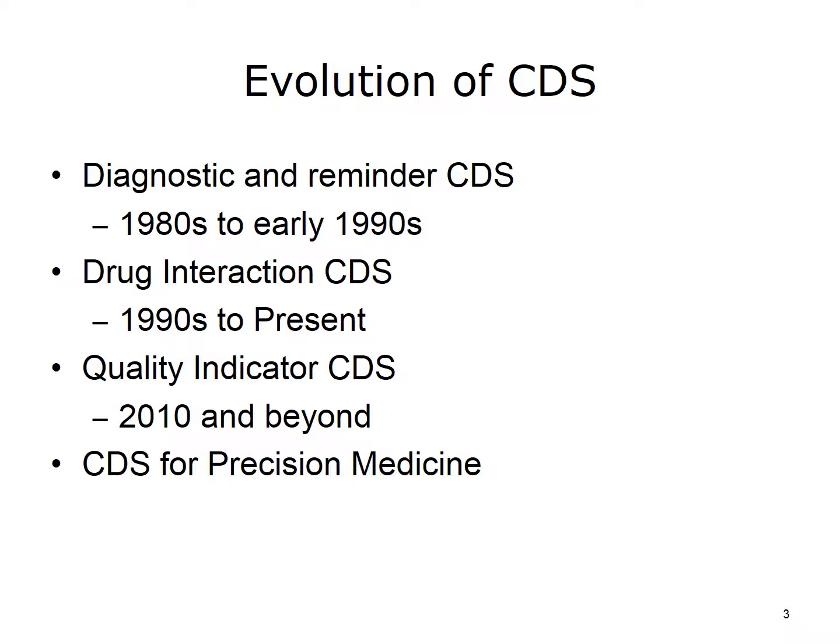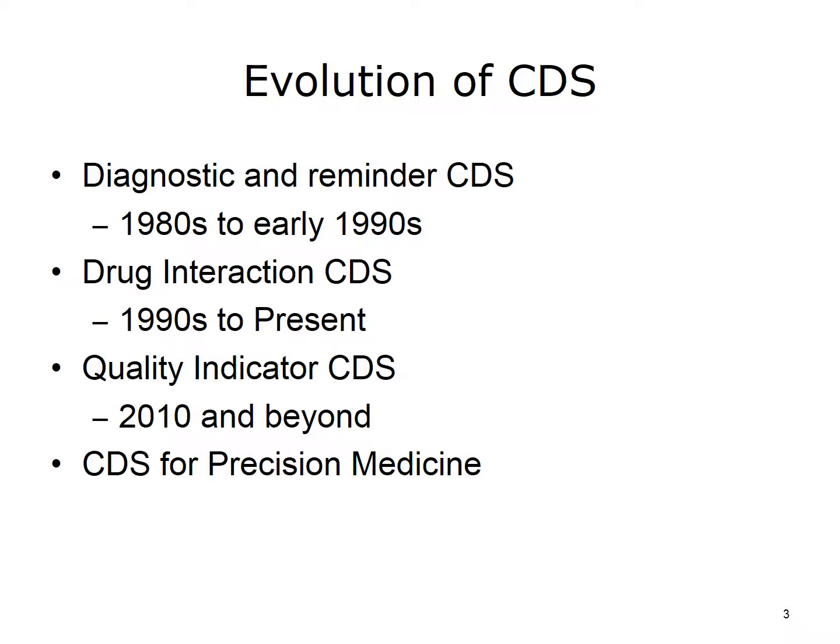From the late 1990s on, there has been increasing interest in CDS to prevent problems when ordering medications. In the future, there is likely to be more CDS development focused on specific healthcare quality issues. These might include, for instance, reminders to monitor diabetic patients' glucose control and other indicators derived from evidence-based guidelines.